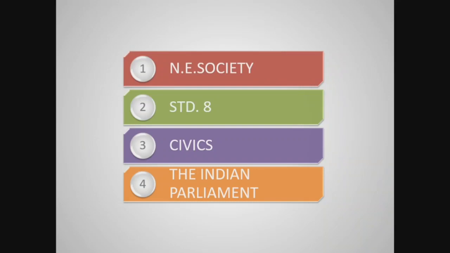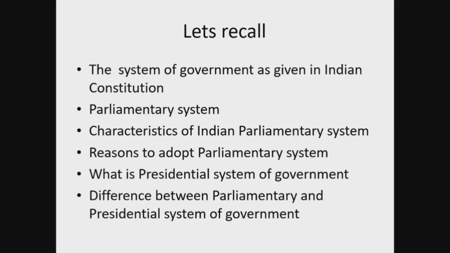Is the Indian Parliament. Before we actually discuss this chapter, let us first recall what we learned in the previous chapter. We learnt about the system of government as given in the Indian Constitution. We learnt about the parliamentary system.